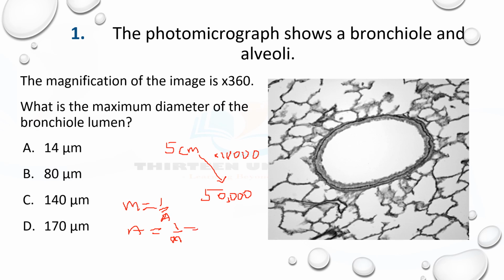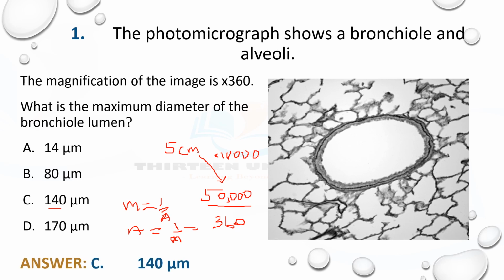The image is 50,000, so 50,000 all over the magnification, which is 360. By the time you divide it, bring out your calculator and punch this. It will give you something closest to 140, so 140 is most likely the answer.